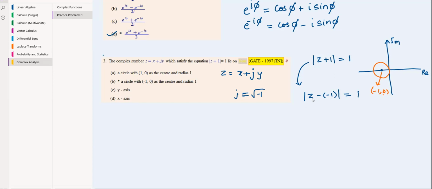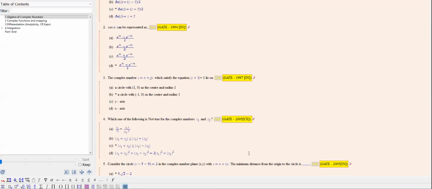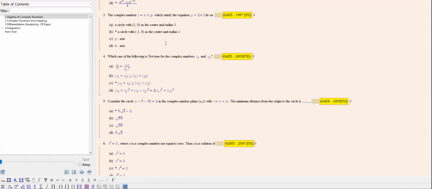The distance of z from minus 1 is always constant equal to 1, so that's the basic definition of a circle. You can see these are very, very easy questions. It's not at all difficult, just need to be careful. Very good.